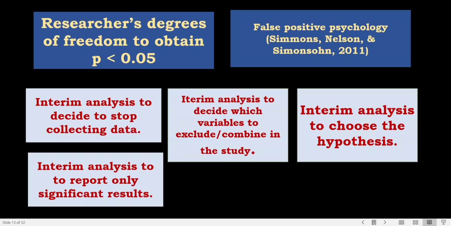And the idea is that researchers exercise a lot of degrees of freedom to obtain a p-value lower than 0.05. Remember that is the typical threshold used in psychology to determine whether a study is significant or not. So why do researchers do a lot of things, also non-ethical, in order to obtain that?